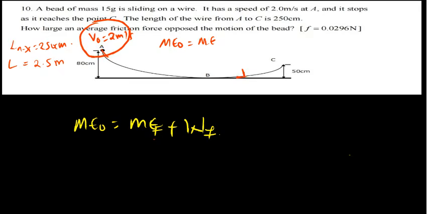We have the initial kinetic energy plus the initial potential energy, which has to be equal to, at point C, the final kinetic energy plus the final potential energy plus again the same guy, the work done by the friction force. Have you seen?